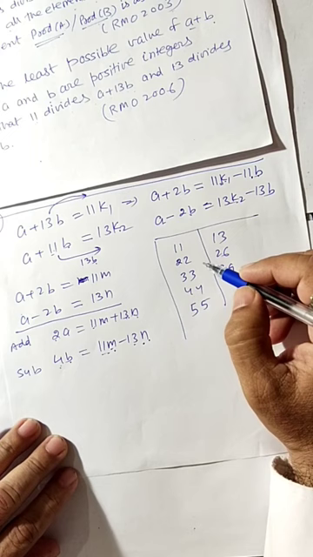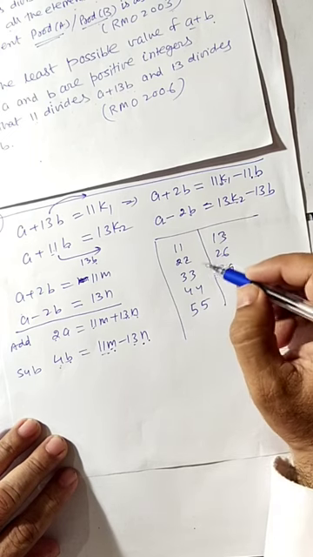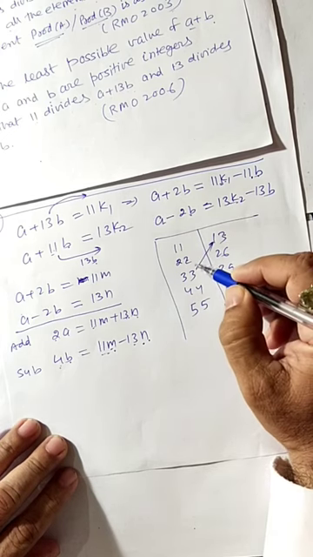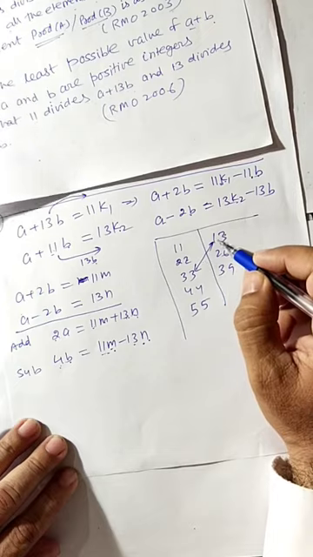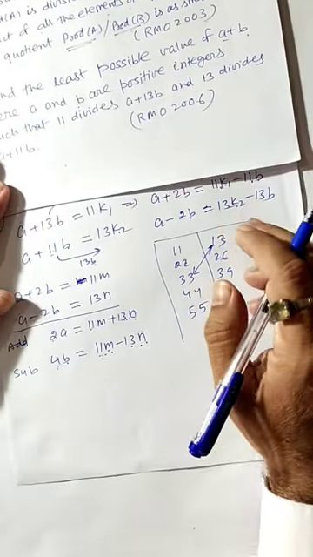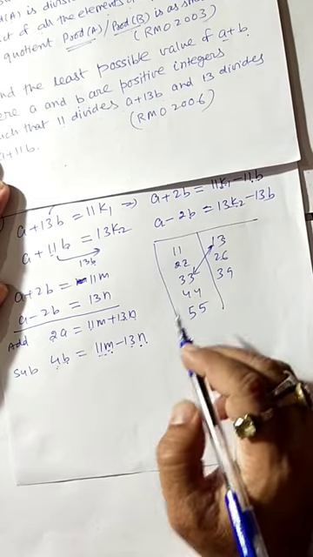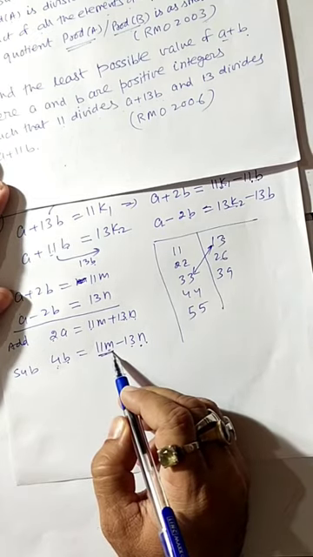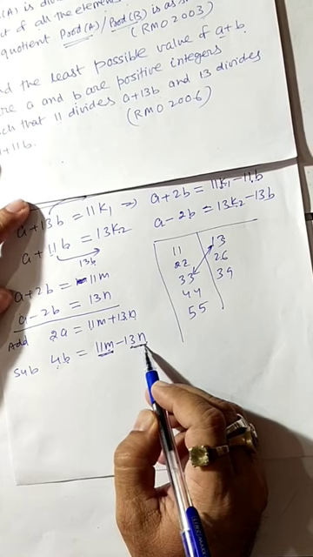So 22 minus 13 is not possible. 33 minus 13, we are getting 20. So your 11M is 33 and 13N can be 13.